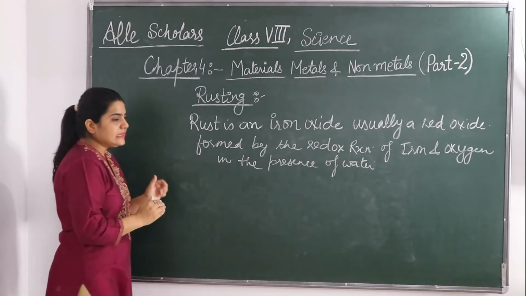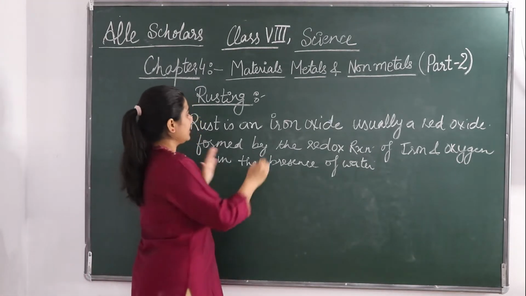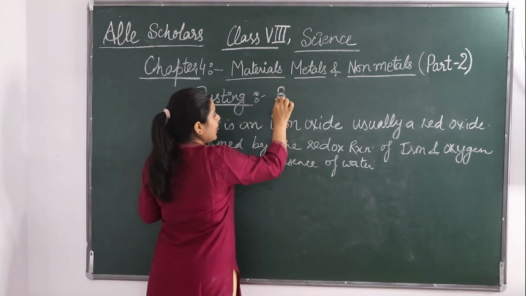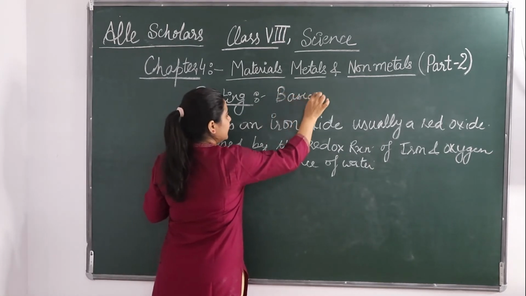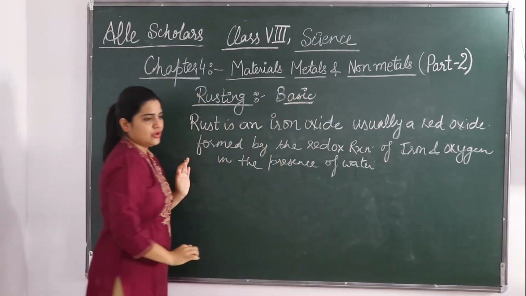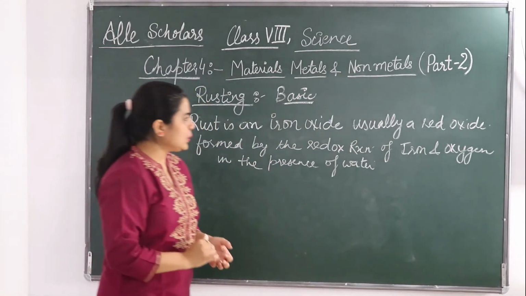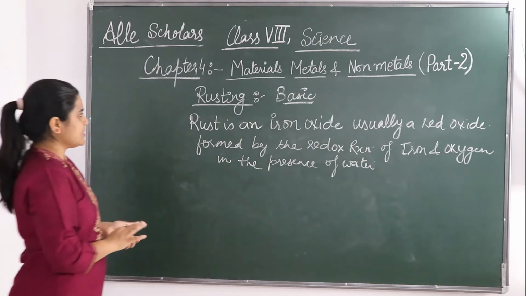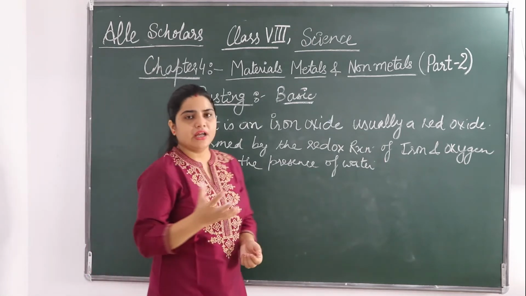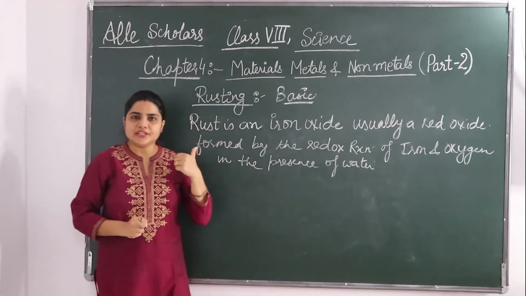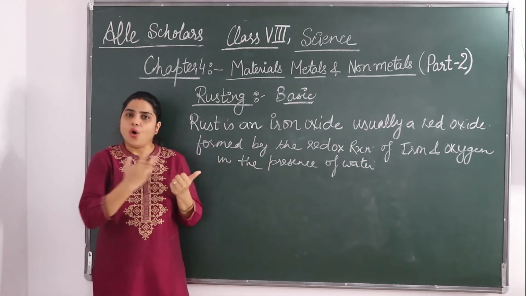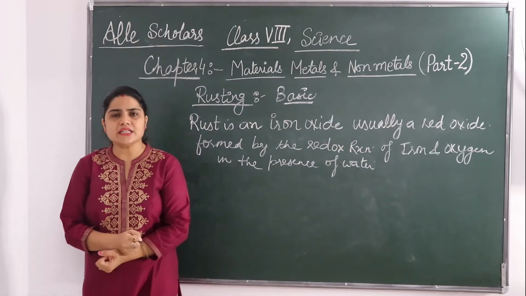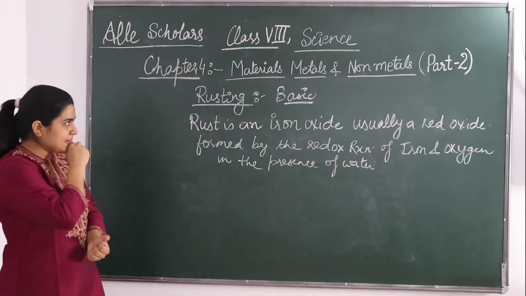So what is the chemical nature of rusting? It's basic in nature. Rusting is basic in nature. It means that if it is basic in nature, are all metal oxides basic in nature? Anybody can answer me?